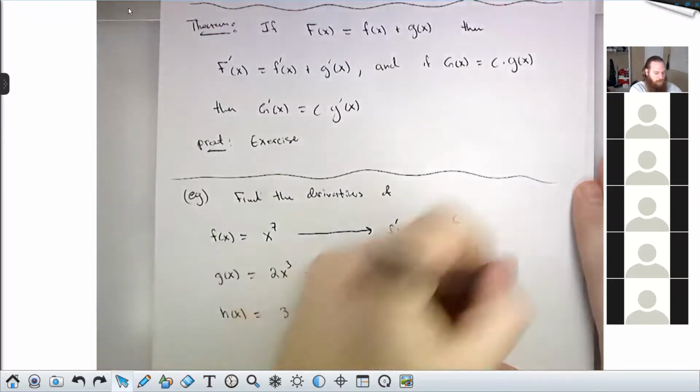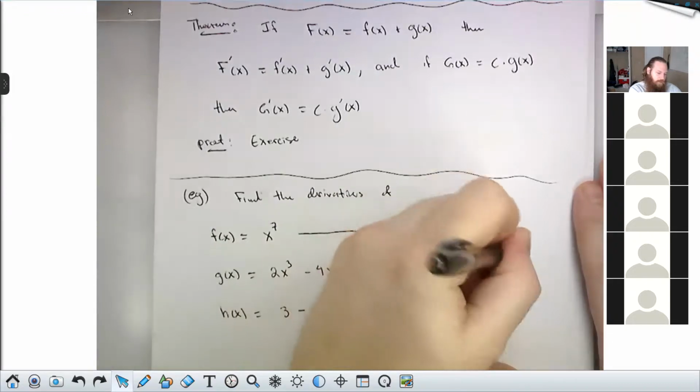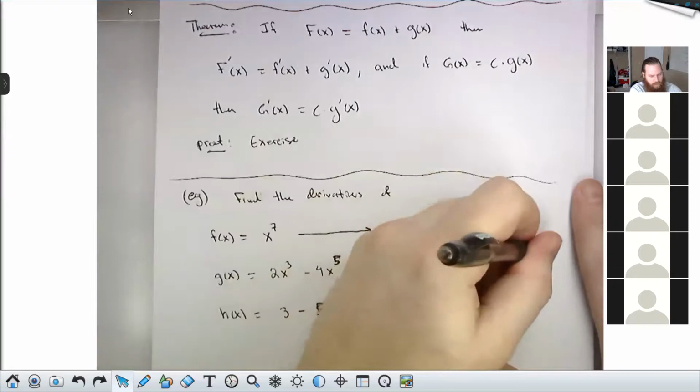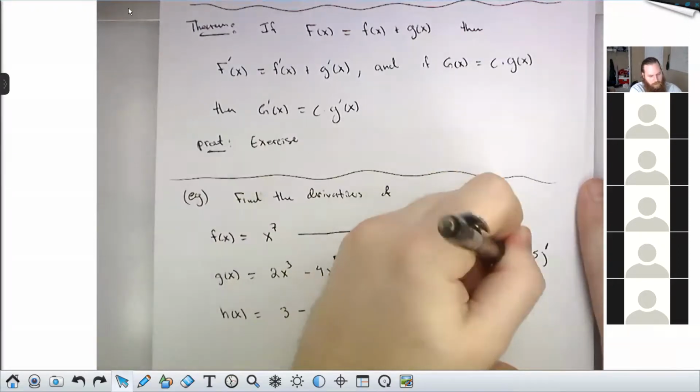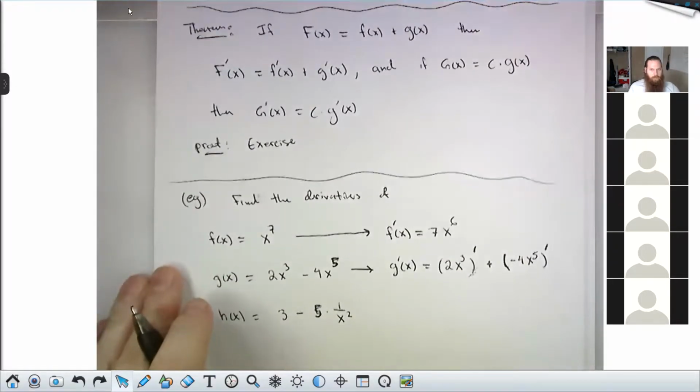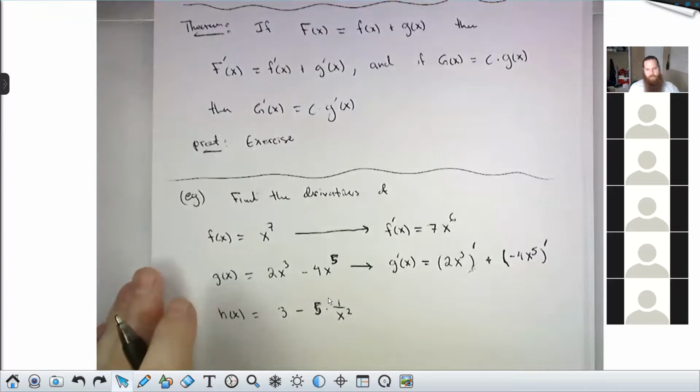This is the same as plus negative 4 times x to the 5, and I need to prime that also. So really, this is what that second theorem is telling us, is that you can split up derivatives over addition or subtraction. So I'm thinking of this as a function plus this as another function, and I need to take the derivative of each of those.